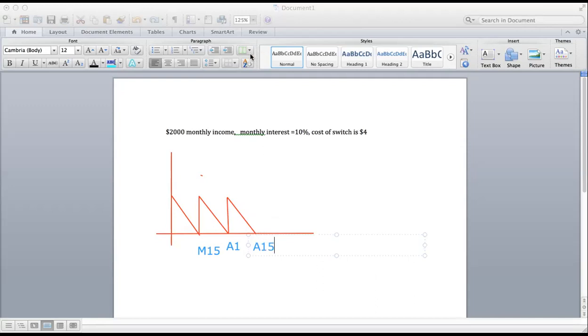Then you sell the bonds and use them for daily transactions. So over here, May 1st, you again receive your salary.